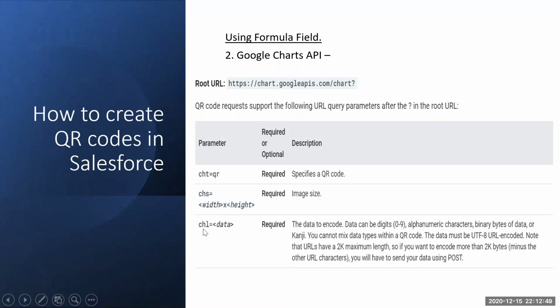And then you have your chart link, CHL. This will have the data that has to be shown within the QR code. This data can be digits, alphanumeric characters or binary types. So there are a lot of different types of data that you can show within your QR codes. We will see in the next slide how both the image function and the Google Charts API are going to be used to create the formula.